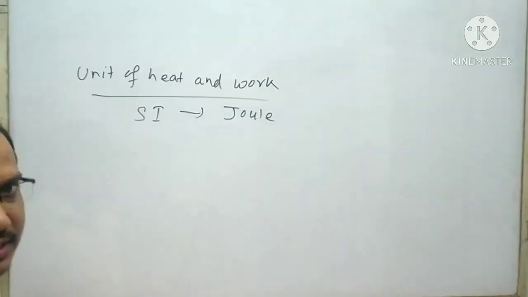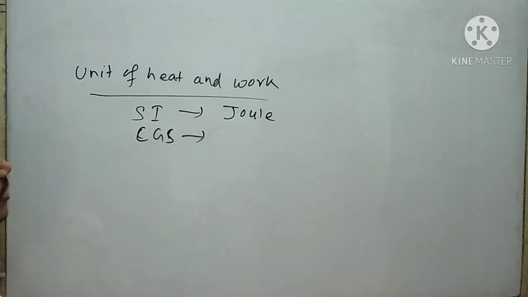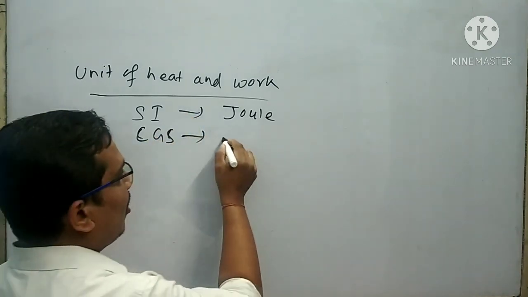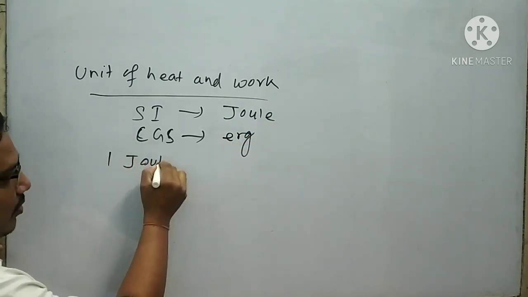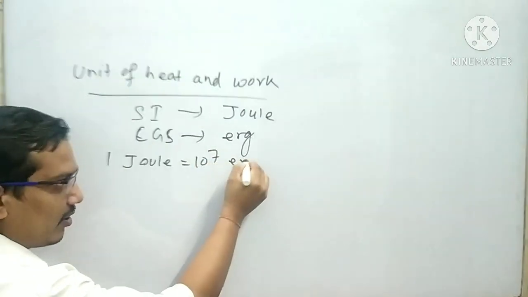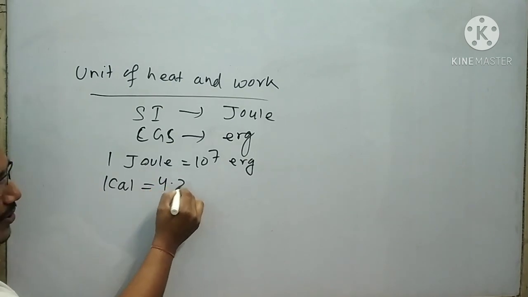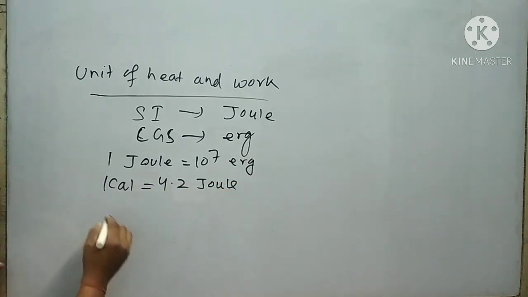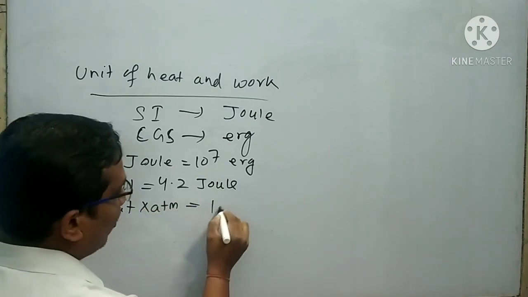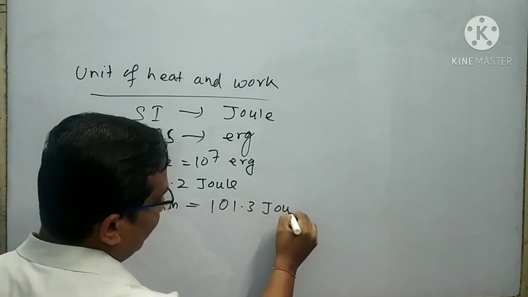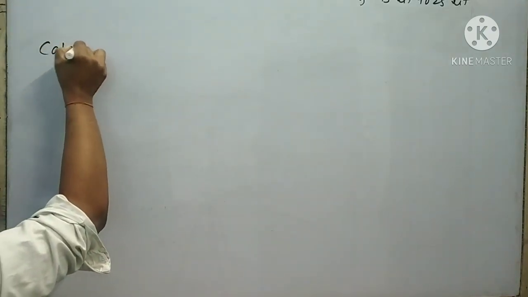In CGS system, the unit of both heat and work is erg. 1 calorie equal to 4.2 joule. 1 liter atm equal to 101.3 joule. Next, I want to do a problem.